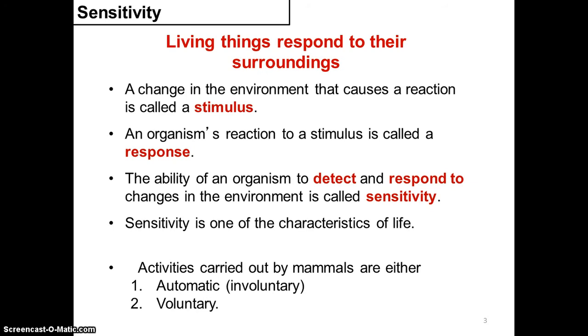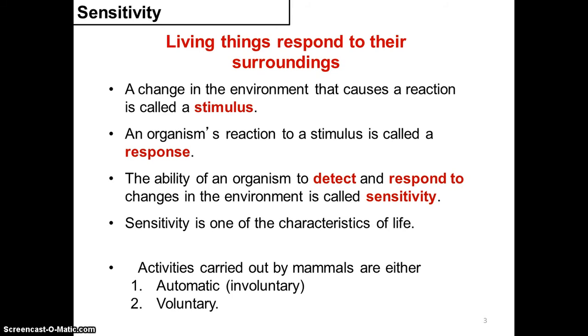Activities carried out by mammals are either A. voluntary or B. involuntary. If we look at sensitivity or the purpose of the nervous system, for example, unicellular organisms like the amoeba react by moving away from unpleasant conditions, in this case what we call stimuli.